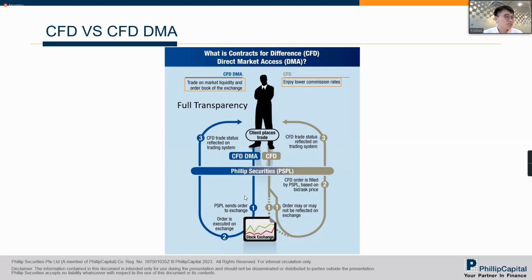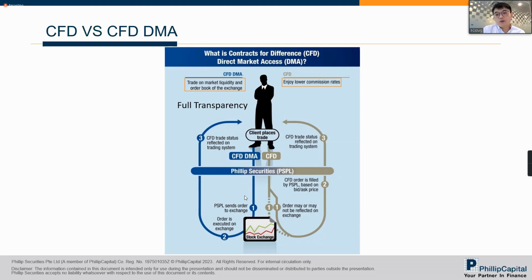So you can see on the chart, the first thing is on CFD, you trade with Philip Securities, PSPL, and the order may or may not be reflected on the exchange. Let's say you open a buy position for a stock, and Philips thinks we are unable to hedge the position.